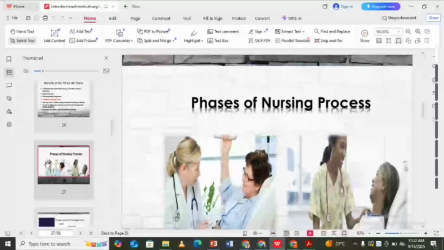So where do we get these goals from? You plan according to the diagnosis, the nursing diagnosis. Aaron Kipto, planning.